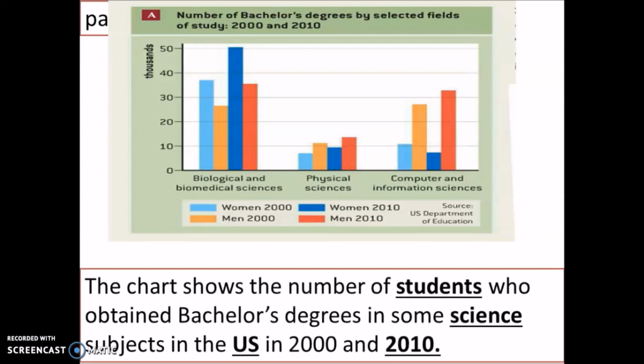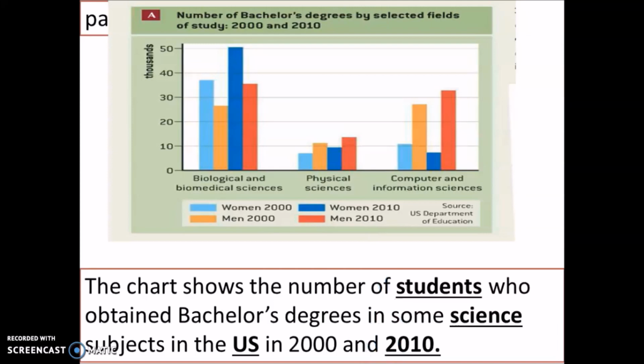The chart shows the number of students, yes, we have the numbers here, who obtained bachelor's degrees in some science subjects. These are the subjects in the US. Where is the US? Here. And we have the years given here at the bottom of the chart.